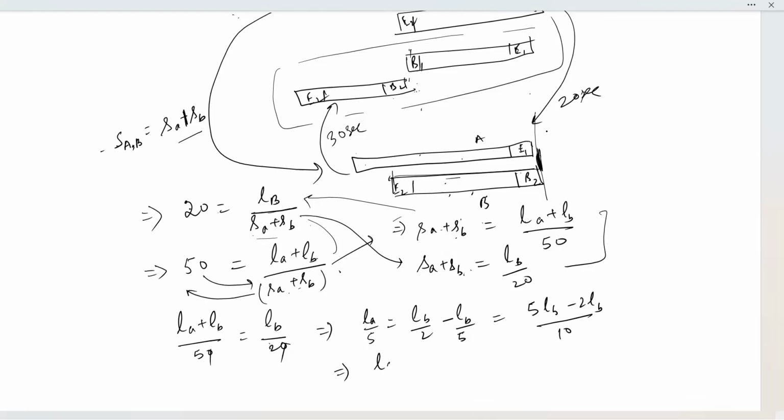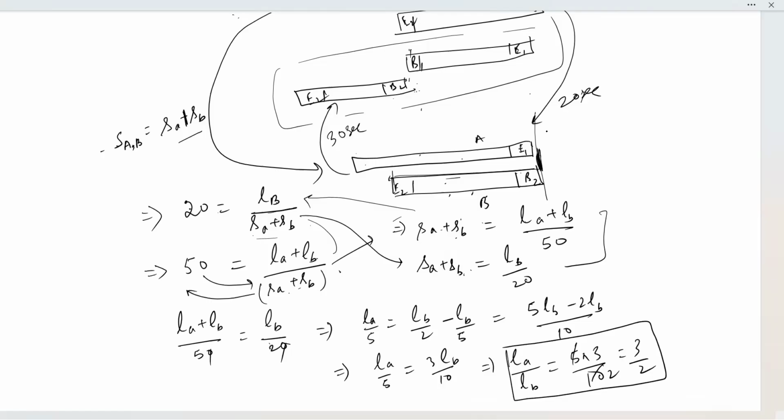So finally we have LA by 5 is equal to 3 LB by 10. This implies LA by LB is equal to 5 into 3 by 10, which is 3 by 2. The ratio of the lengths is 3 by 2.